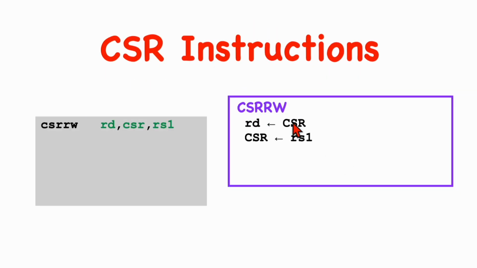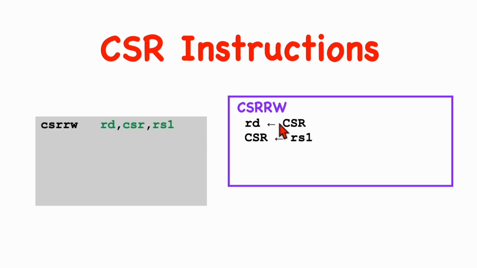Next, I want to describe the instructions to read and to modify the control and status registers, and we'll start with this CSR read-write instruction. It takes three operands. The CSR is specified symbolically with a name, and the assembler would then substitute into the machine code the actual 12-bit integer for that CSR. This instruction does both a read and an update.